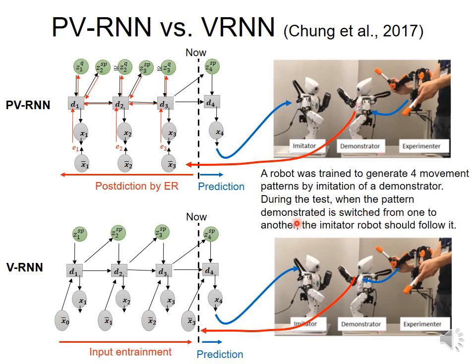This demonstrator robot is manipulated by the experimenter, and the imitator robot should follow it by inferring the switch, that is, inferring the current latent state. The inference of the latent state is done by error regression, or by input entrainment in the case of the VRNN. So we're going to compare them.